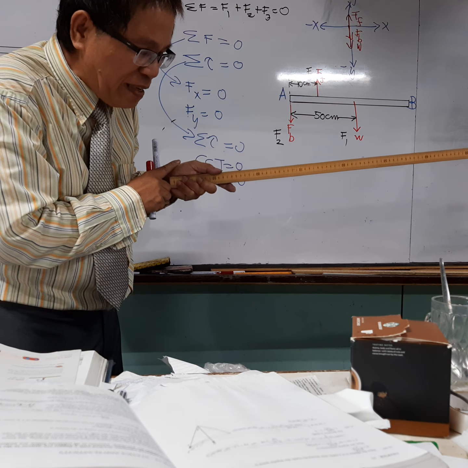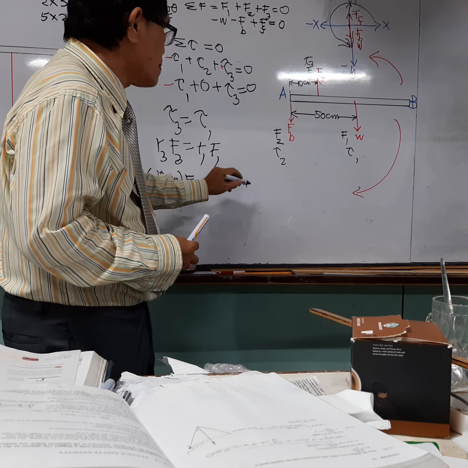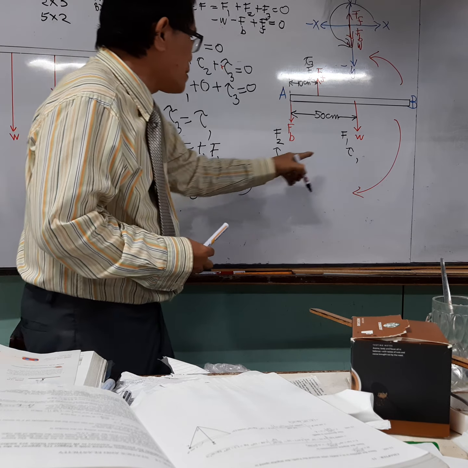Our F3 here has a distance of 10 centimeters. So F3 times 10 centimeters equals the distance 50 centimeters times F1.